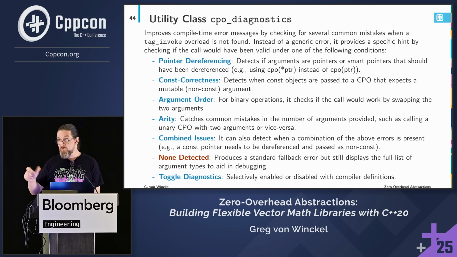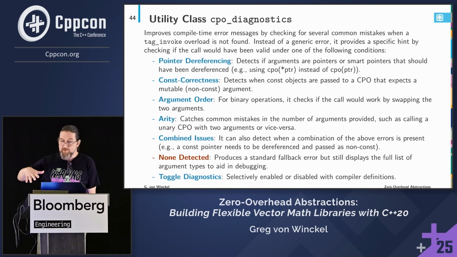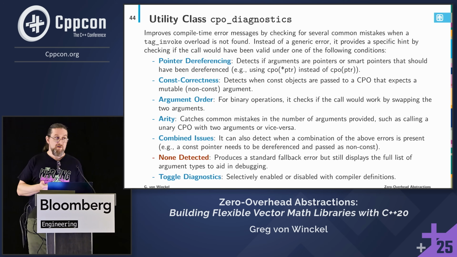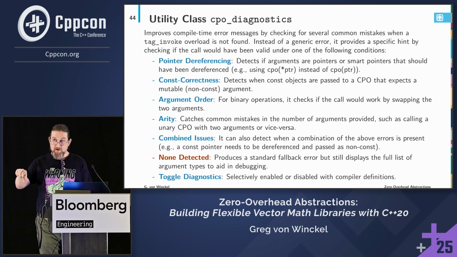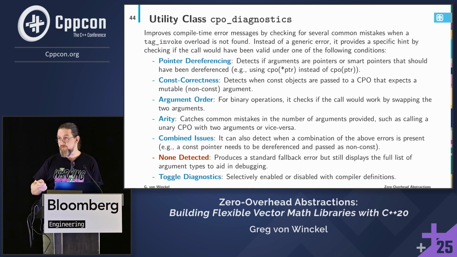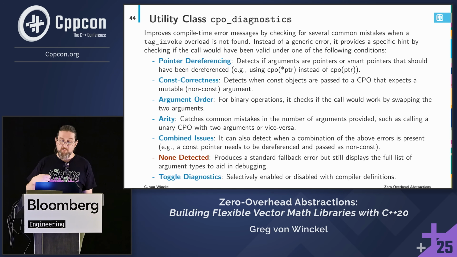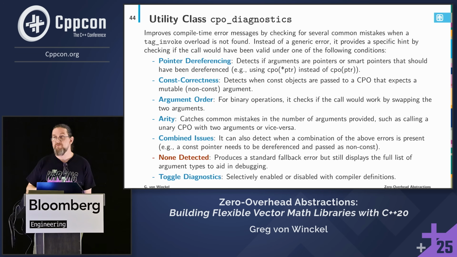I've only implemented this for two arguments because I don't want to do it for lots of arguments, but if you put the arguments in the wrong order, it will check whether, if you switched the order, it would have satisfied the interface requirements. And if you have the wrong number of arguments. These are the typical goof-ups.